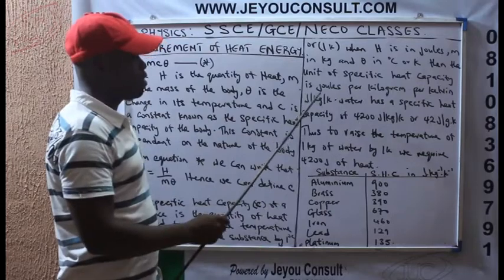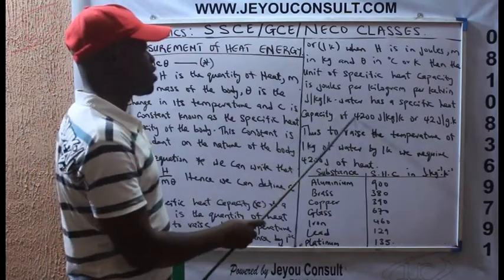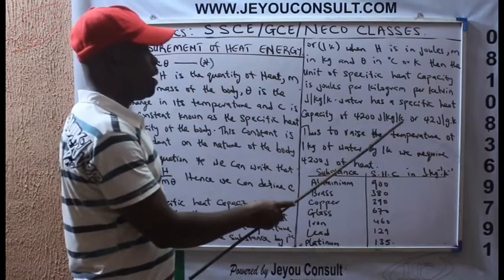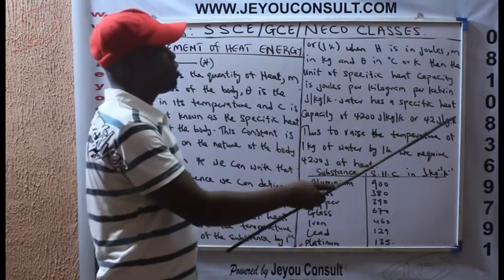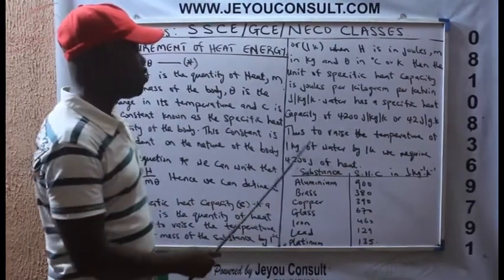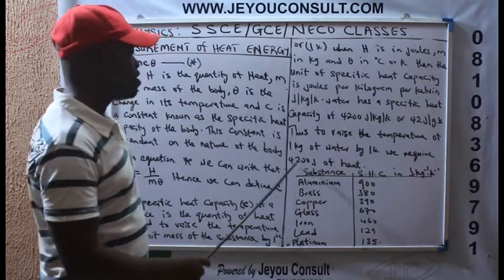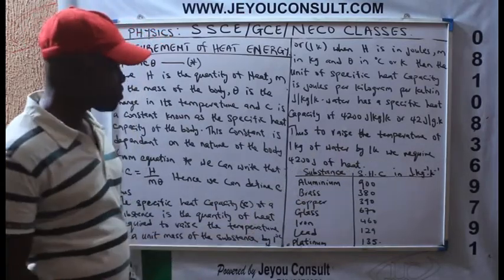Water has a specific heat capacity of 4,200 joules per kilogram per Kelvin. Thus, to raise the temperature of 1 kilogram of water by 1 Kelvin, we require 4,200 joules of heat.